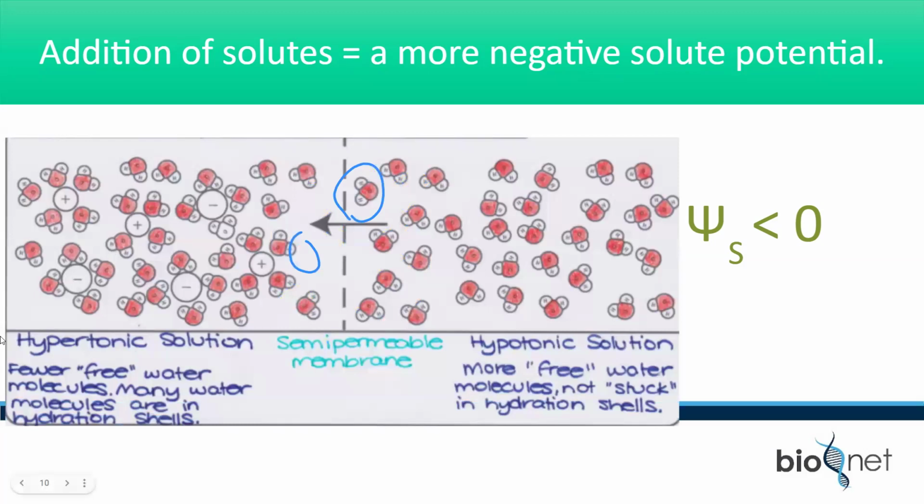So in this case, let me first clear these out. We have water, which we can see shown in red and white here. And remember that in water, the oxygen has a slightly negative charge, and the hydrogens have a slightly positive charge. And so that's going to result in things like hydrogen bonding. So there are hydrogen bonds happening between these adjacent water molecules.